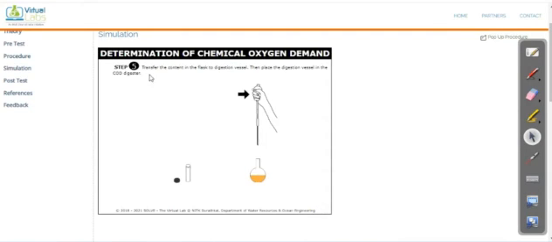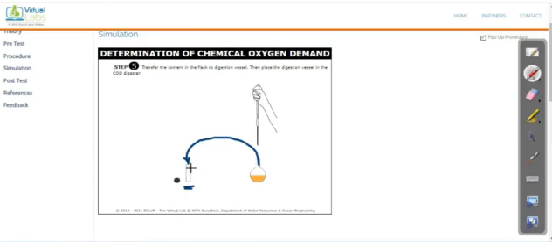So here, transfer the content in the flask to the digestion vessel. Now what you have to do is transfer whatever solution we have in this round bottom flask into this one. So you have to pour all this material in this one. And what is this? This is the digester vessel.